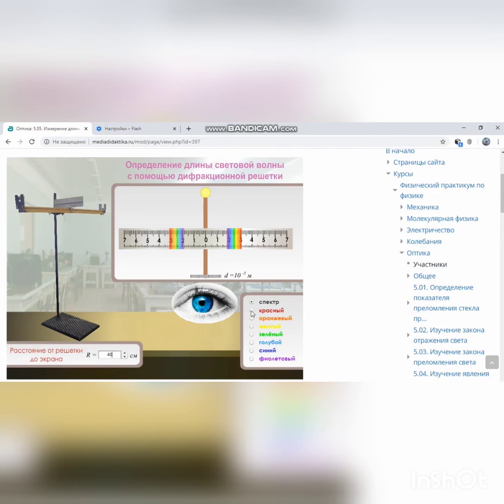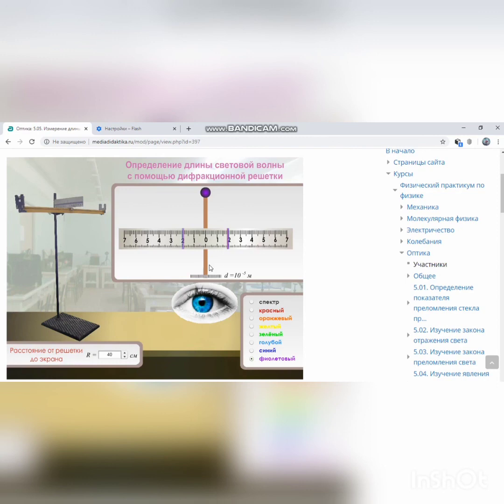Here we see that the distance between the central band and the red spectrum is greater than the violet is.